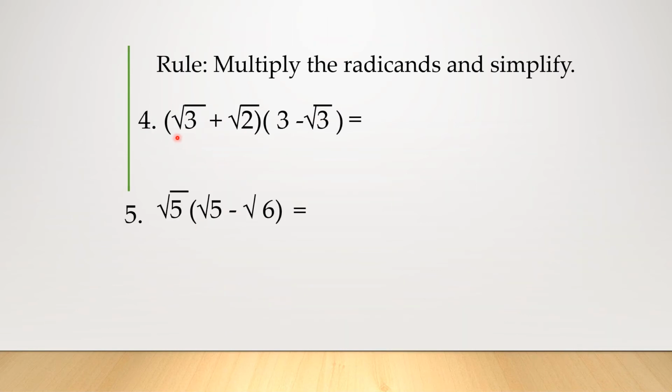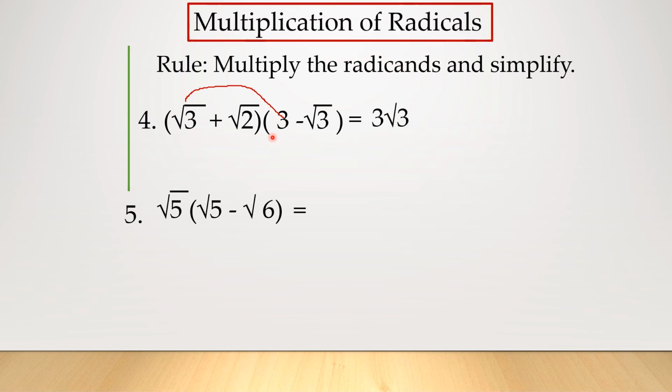So here, look at this. I have 2 terms times 2 terms. So we're just like multiplying binomials. We can use FOIL method or distributive property. So square root of 3 times 3, simply, we are just going to copy that, 3 square root of 3. We cannot multiply 3 and 3 because this one has no radical sign.